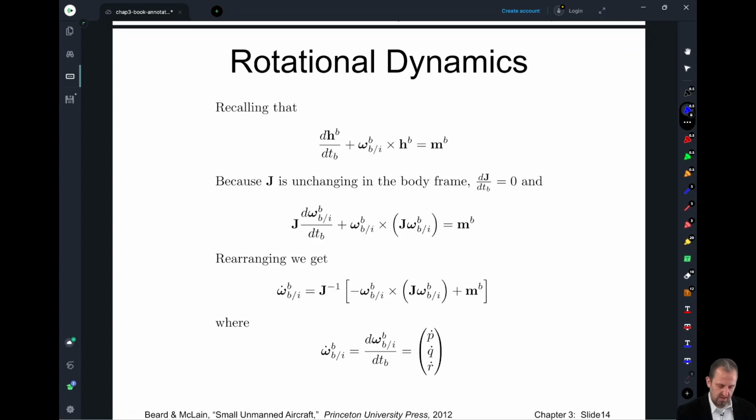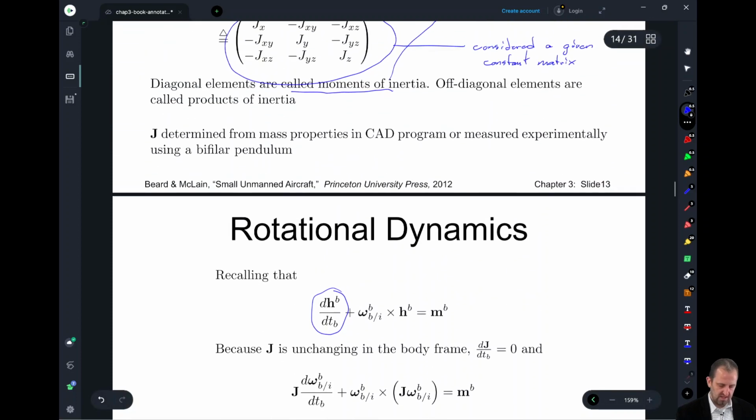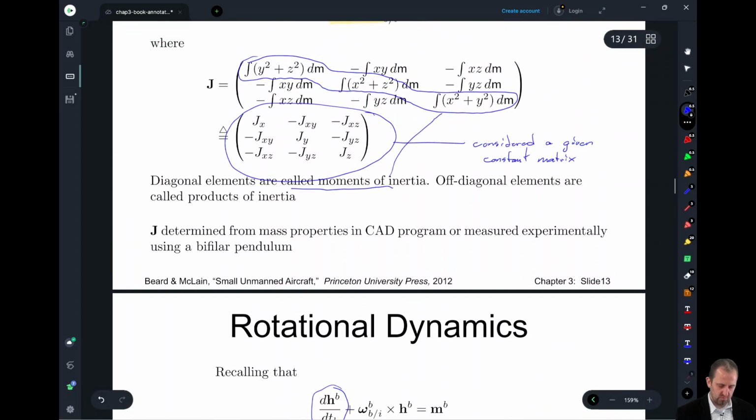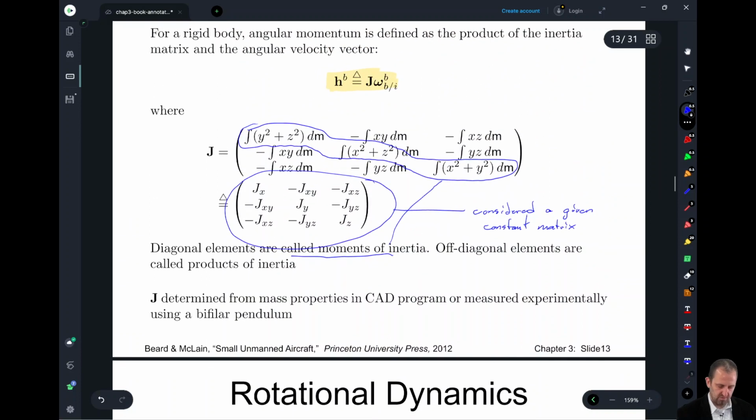So the time derivative of this guy right here, the time derivative with respect to our body. If we do dt in terms of our body, so we're not considering the rotations of that body in this operation, of J times WBI in the body frame.